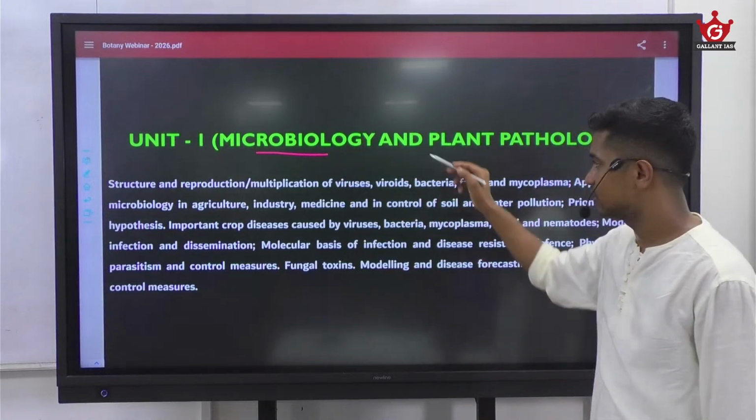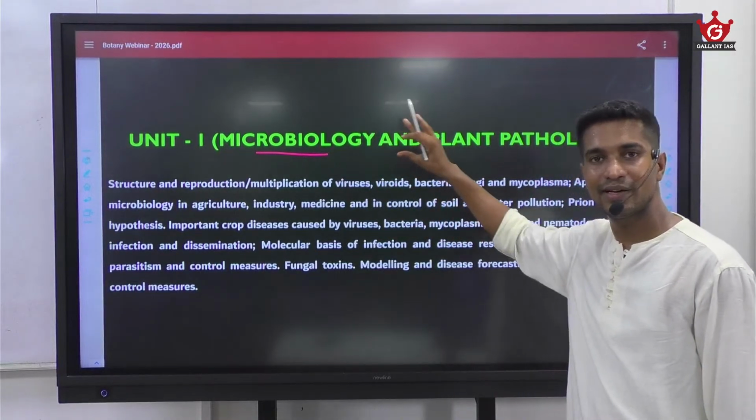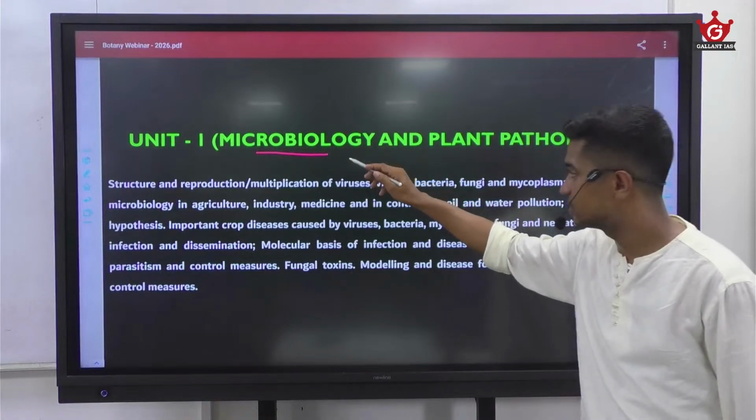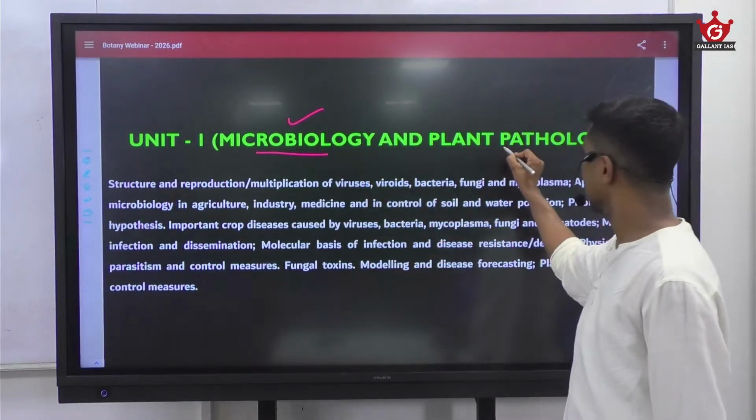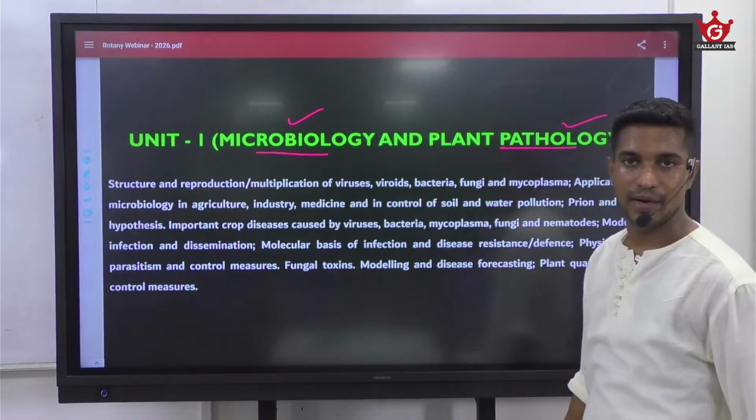Looking at the unit itself, it has two headings: one is the microbiology part and the other is the plant pathology part.